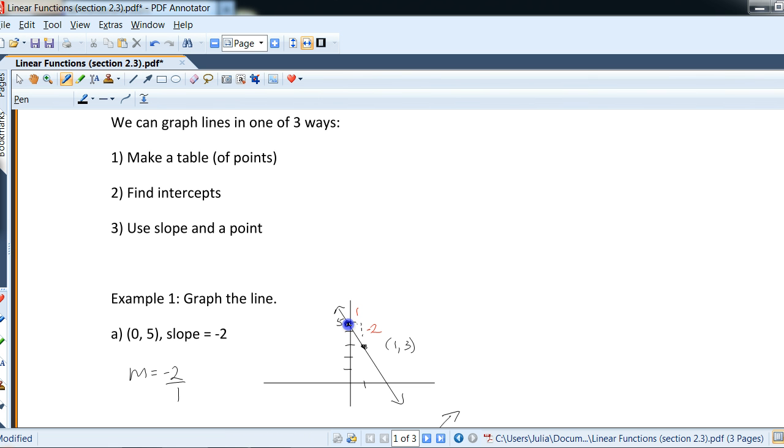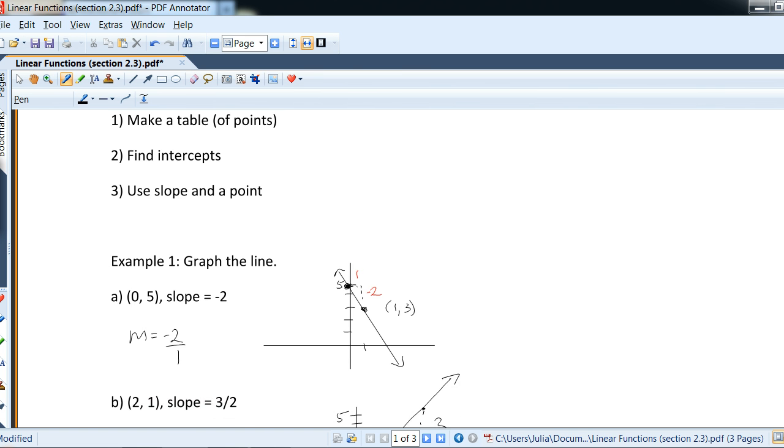And then, in no particular order, but what I typically do is go to the right first. And I usually go to the right no matter what, to keep it less confusing. So we go 1 unit, which is the run, to the right. And then, since it's a negative slope, we go 2 units down. So I think of it as a falling line. And here is our new point, namely 1, 3. And then we can simply join those 2 points and we get a line.